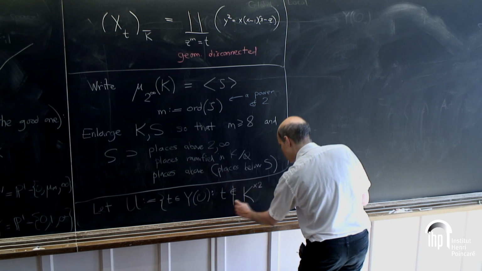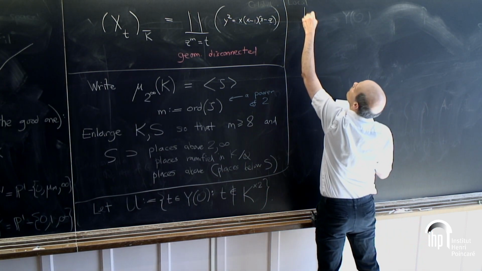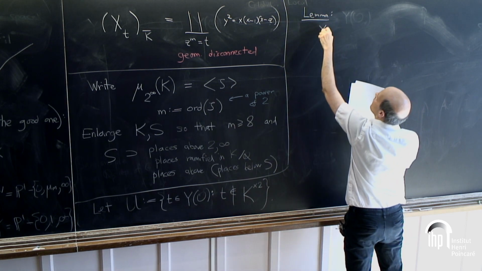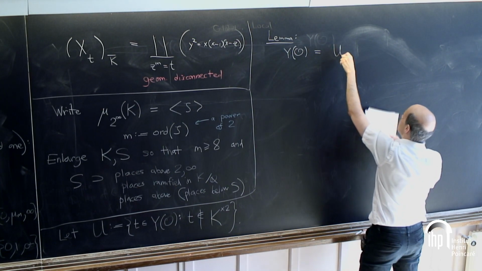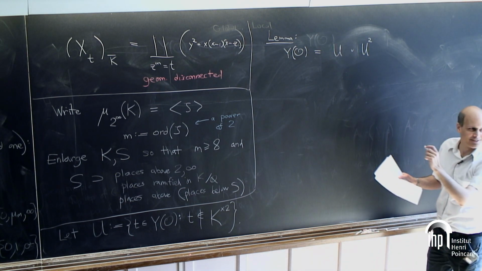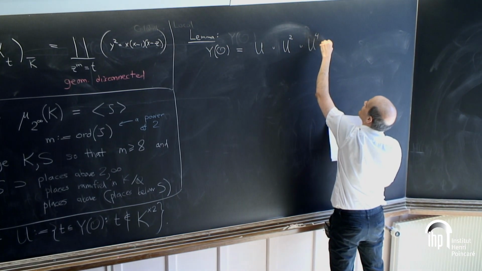Let's call that u. The first thing I want to prove is that if I take all the solutions to the S-unit equation, then they're the non-squares, the squares of the non-squares, and then the 4th powers of the non-squares.